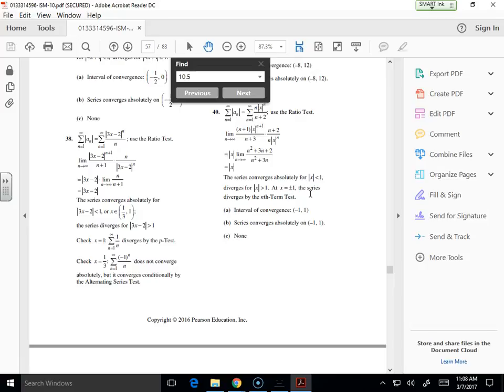So does that mean it's closed interval at 1/3 to open interval 1, if it doesn't converge at 1? Yeah, it doesn't converge at 1. But if you're talking about conditional and absolute, we would say conditional is at that 1/3. Absolute is everywhere else. But if we're just looking at the interval of convergence, we would close the interval at 1/3. Does that make sense what they're saying? Yeah. All right. That's everything.